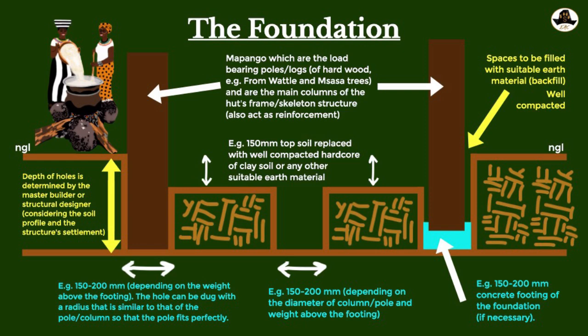What is actually needed is that the entire pole needs to be cured well, and the part that enters the ground needs to be coated with some oil. There's a special kind of oil.